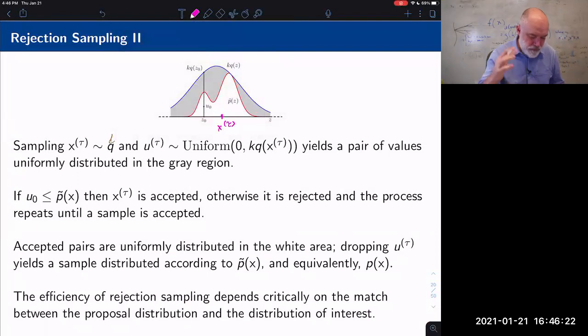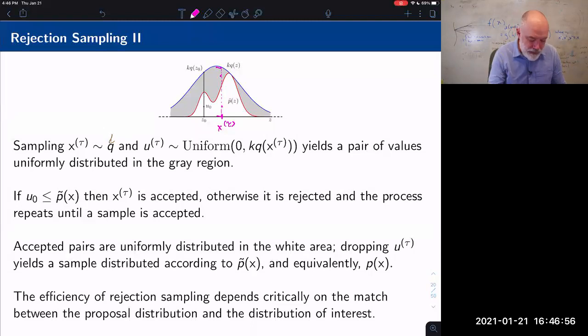We draw a sample from Q, and then we draw a sample from a weird distribution: the uniform distribution between 0 and the density of Q evaluated at the sample you just took, times the positive constant k, which graphically is this interval right there. We're going to draw a value from in there. It could be up here or it could be down here.